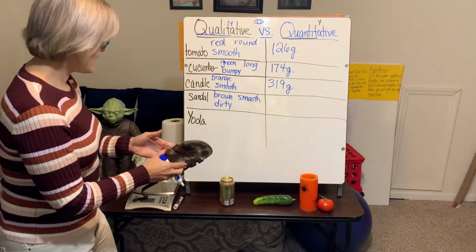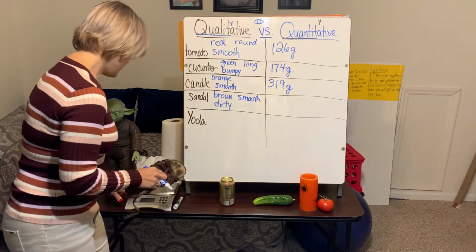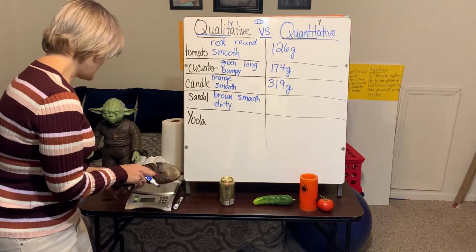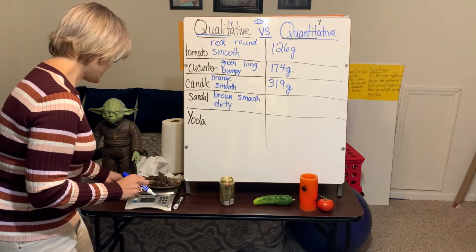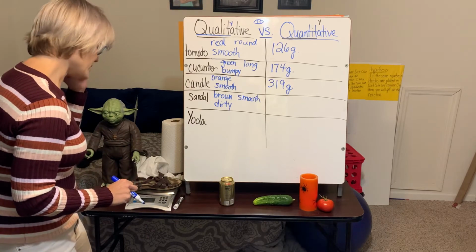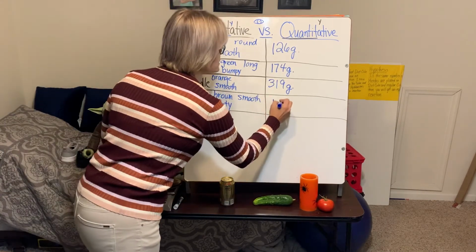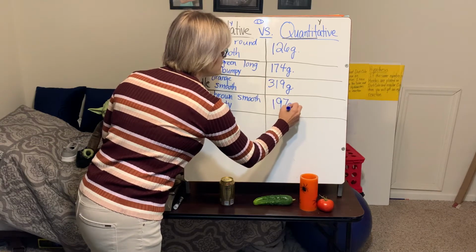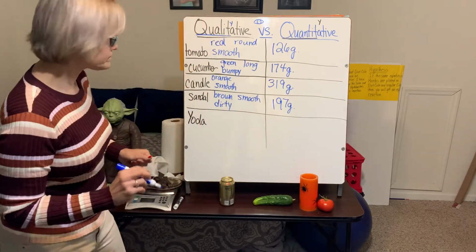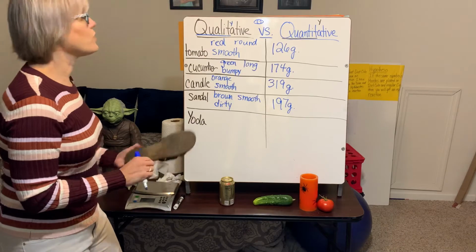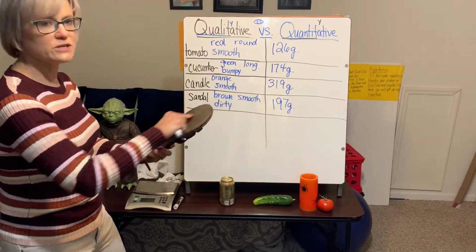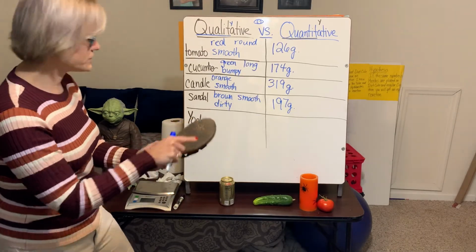All right, and I could zero my scale and put the sandal on my scale and see that my sandal weighs 197 grams. All right, another quantitative measurement, I could measure how long my sandal is.